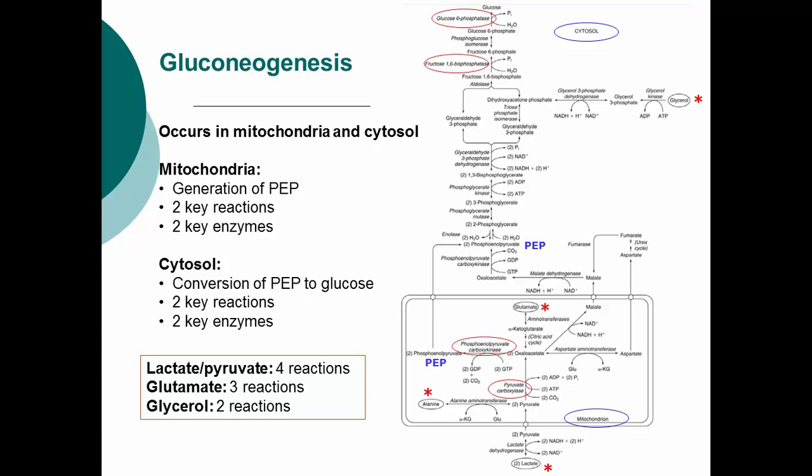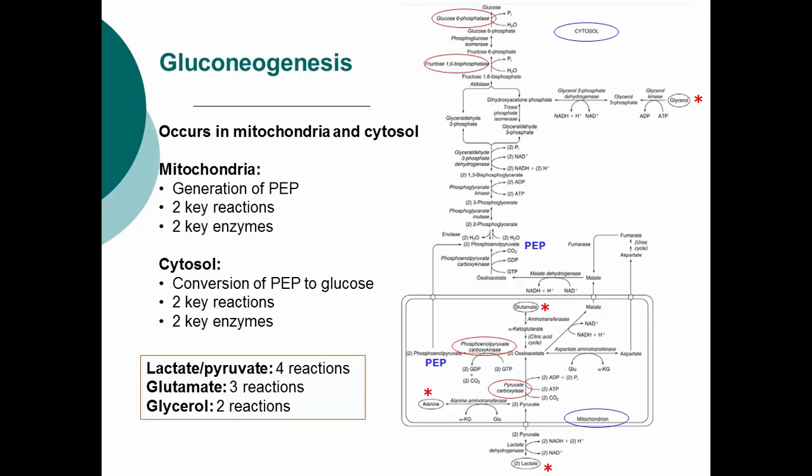But I wanted to tell you that the gluconeogenic pathway can be different depending on the precursors, right? So, for example, if our body uses pyruvate or lactate as precursors, this will go through the complete gluconeogenic pathway involving the four key reactions, two in the mitochondria and two in the cytosol, right?